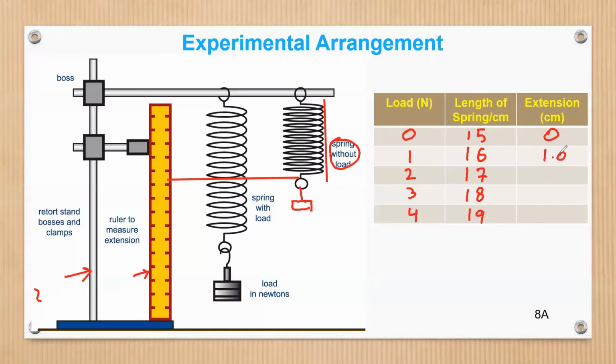In case of 2 newtons load, the extension is going to be 2 centimeters, because 17 minus 15 is 2. And for 3 newtons, the extension will be 3 centimeters. Similarly, for 4 newtons, the length of the spring will be 19 centimeters, so the extension will be 4 centimeters in this case.